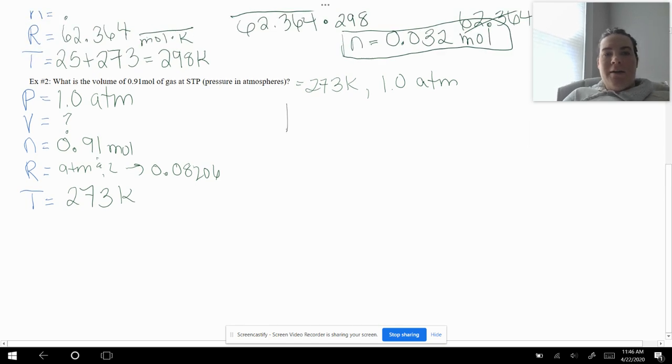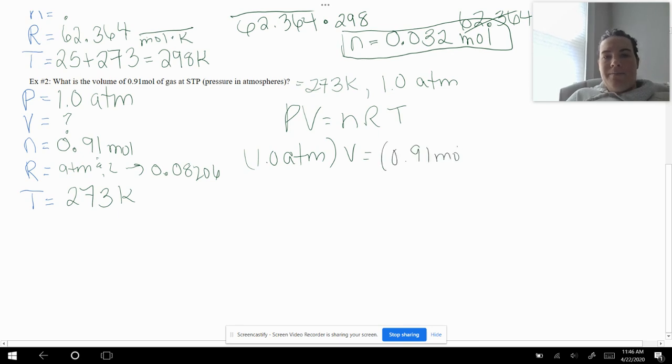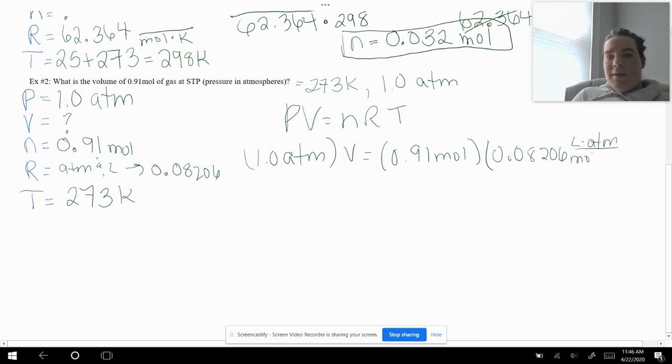We'll put it in the equation. All right, so we've got our equation, PV equals nRT. Plug in what we know. So we know the 1 atm. We don't know V. Our n is 0.91 moles. The R is 0.08206. Now I'm filling in the units, which will cancel out. And T is 273 Kelvin.